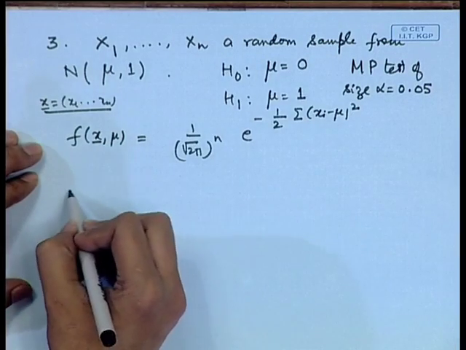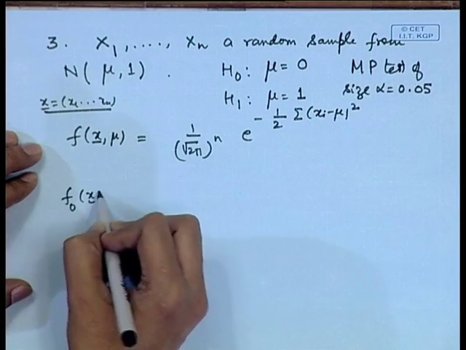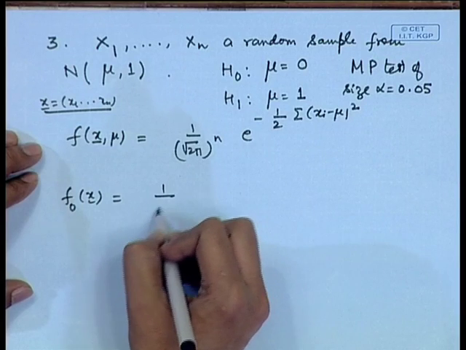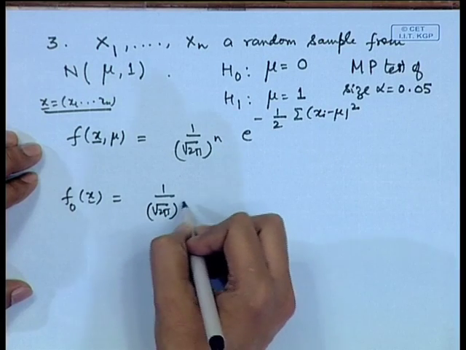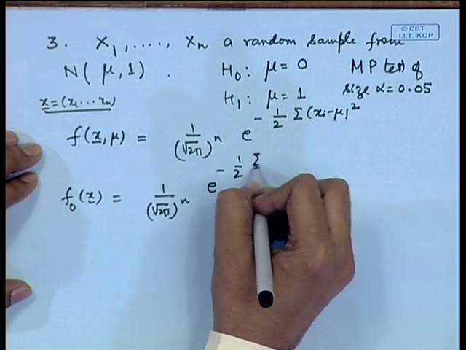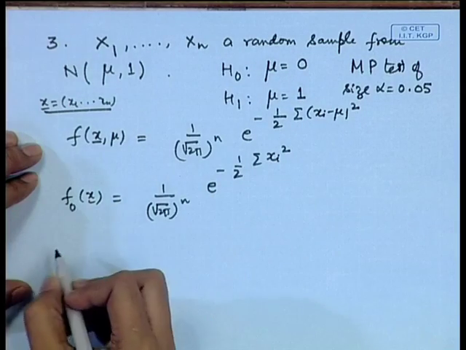So, our f naught value that is there when mu is equal to 0, this turns out to be 1 by root 2 pi to the power n e to the power minus 1 by 2 sigma x i square.